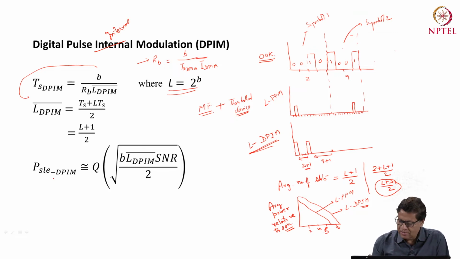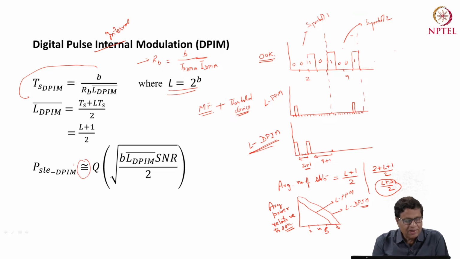Here I have assumed that the number of ones and zeros are the same, which actually is not the case in DPIM, because if they are the same, then I can have the threshold exactly in the middle. But here the number of empty slots and full slots vary, so the optimum value of threshold will not be exactly in the middle. It will be somewhere else, depending upon how many empty slots and how many full slots you have. But I have taken an approximation here.